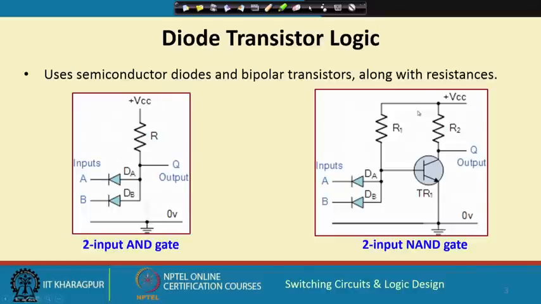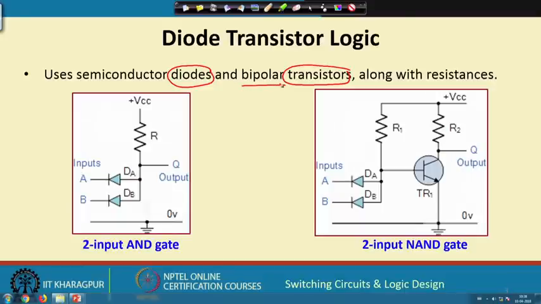We start with diode transistor logic, which was one of the first logic families that were proposed. As the name implies, we use semiconductor diodes and transistors. When this logic family was proposed, bipolar transistors were used for the implementation.